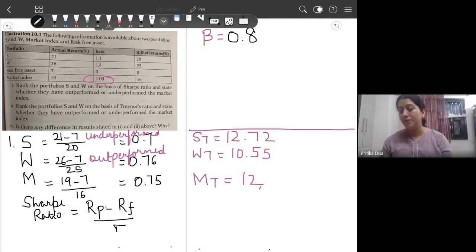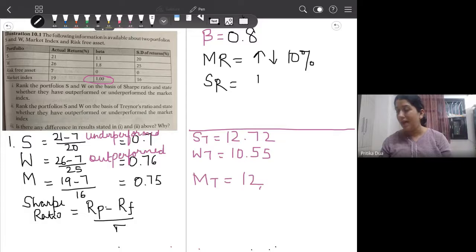We say that if the market return fluctuates, say the market goes up or down by 10%, then your security's return will be impacted by 8%. So if the market increases by 10%, your security return will increase by 8%. If the market return falls by 10%, your security return will fall by 8%.